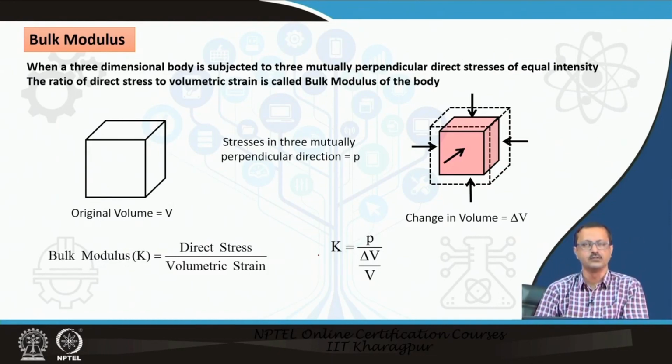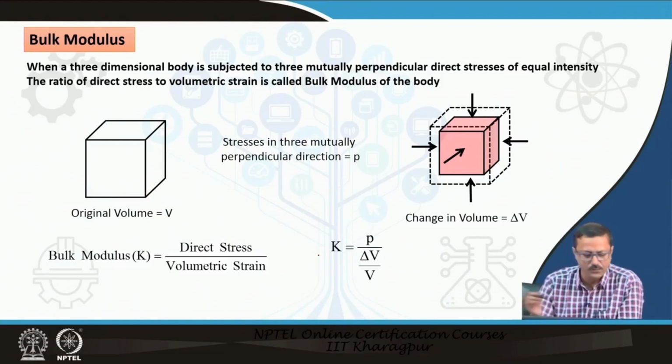So, the volume of the balloon is decreasing. How these volumetric changes can be captured by some kind of a modulus, that is called the bulk modulus. The 3-dimensional body is subjected to perpendicular stresses in each of its 3 directions.